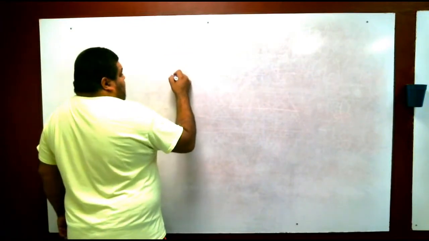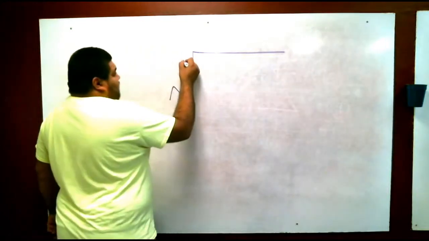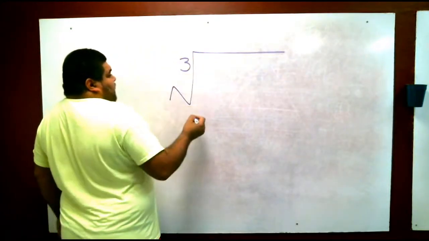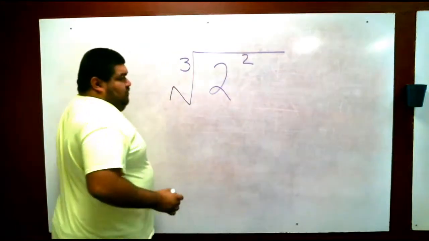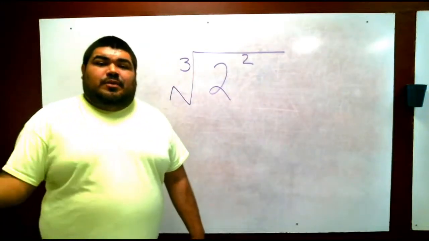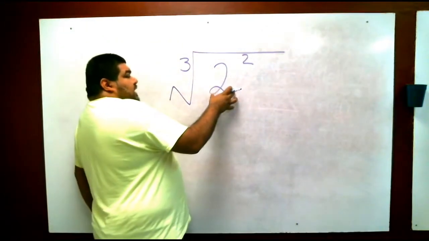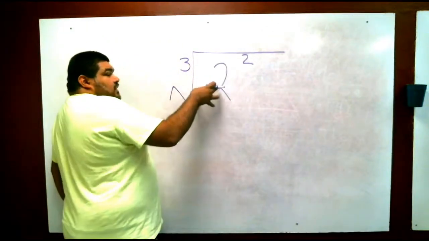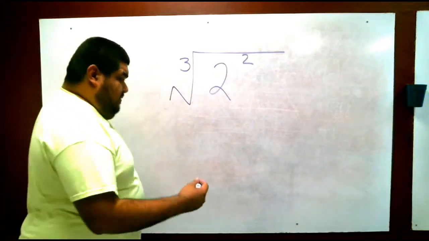Now we have 3, 2, 2. Okay? Now we're going to convert it the opposite way. Okay? Again, your whole number is what goes on the inside, so we're going to convert it from radical into a mixed fraction. Okay?